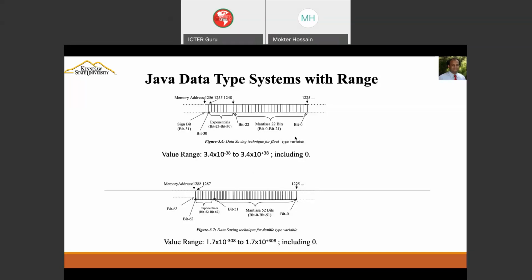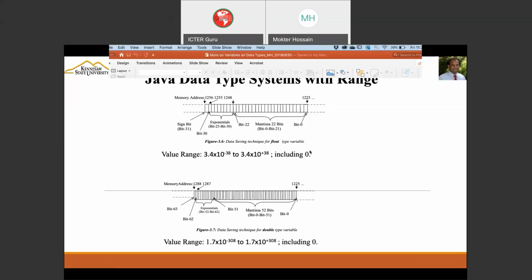So these are the actual internal explanations of how these data type ranges work. But I'm not going to discuss this in detail. If you are interested in learning about this, do a Google search or something.